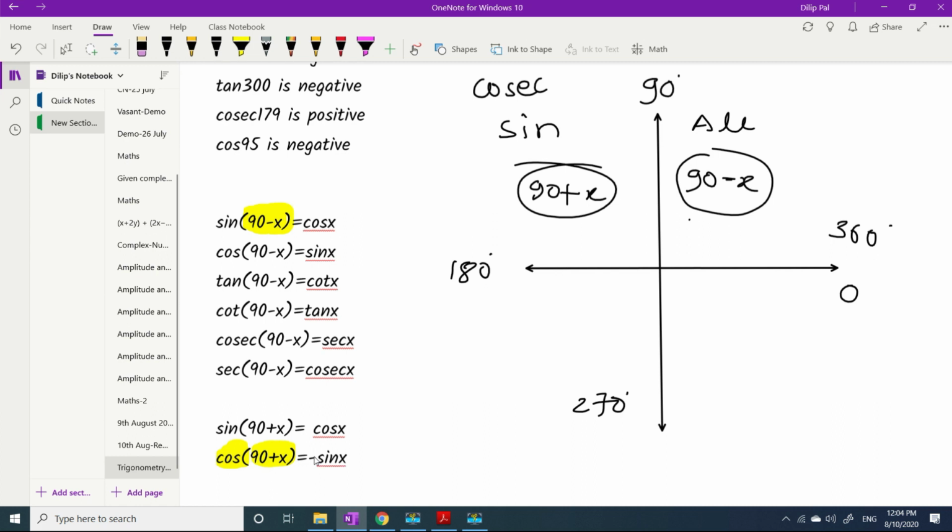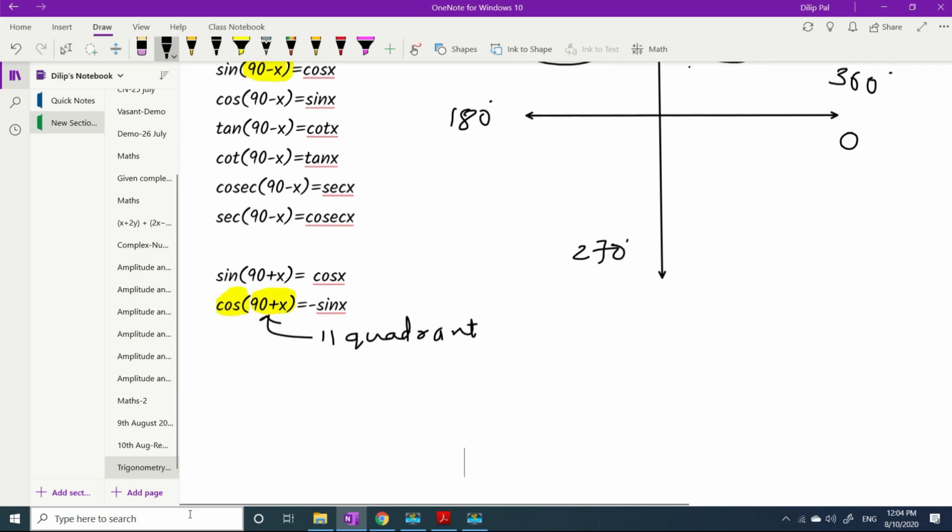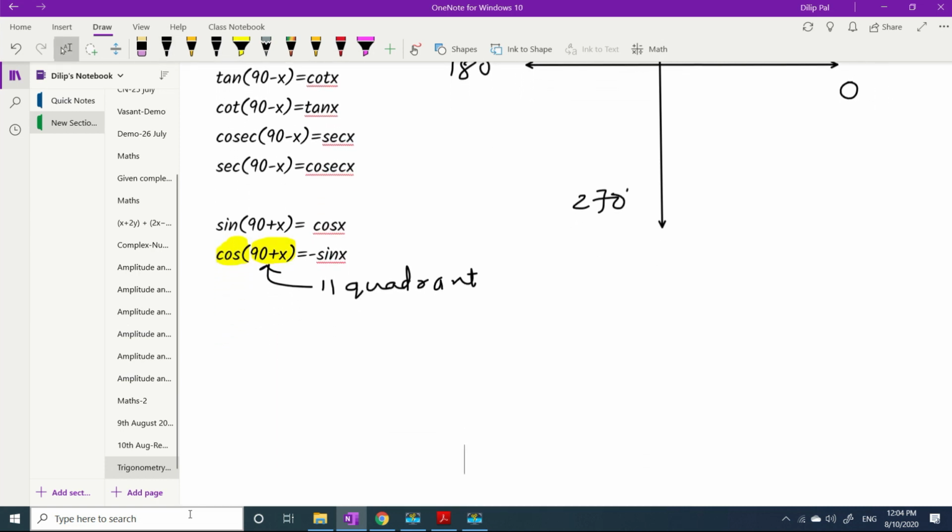Here I am writing, yes, second quadrant. So that is the reason the answer of cos is going to be negative. See, sine will change to cos, cos will change to sine. This is what we have understood, since 9th standard we are doing it. But what about the sign? Why is cos 90 plus x negative? Now I think you are clear about it.